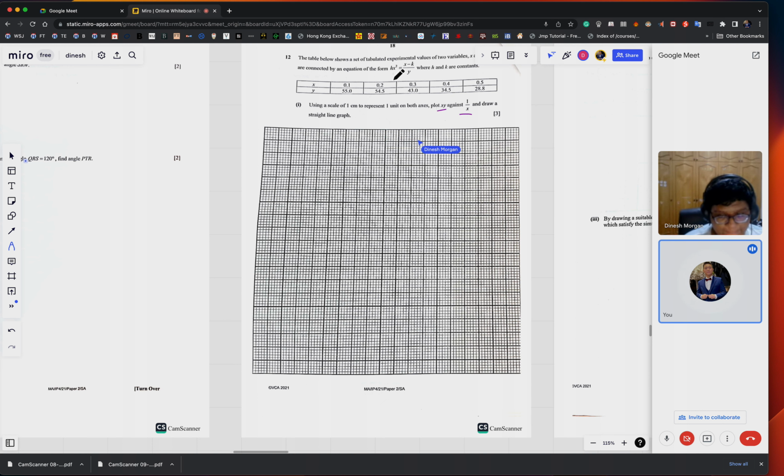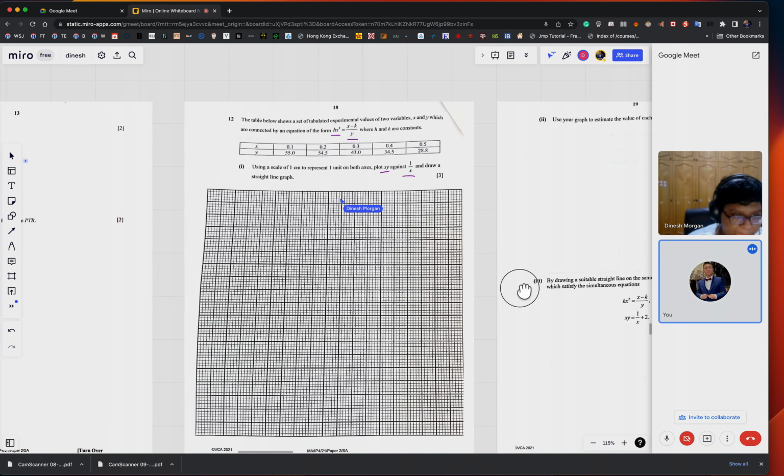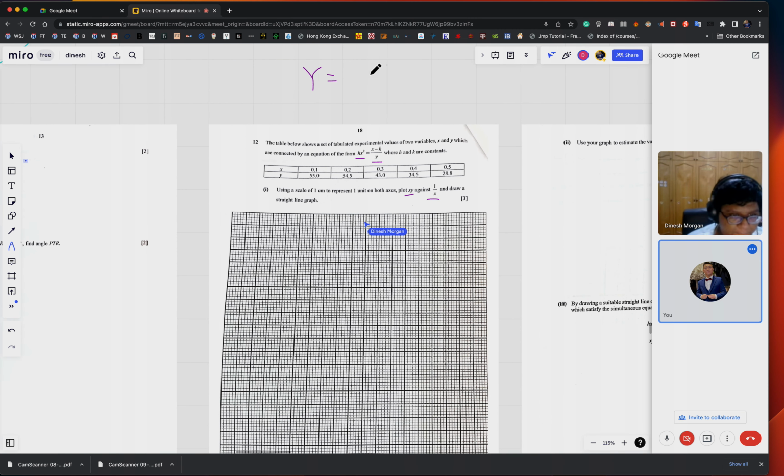So for this question, you need to plot what you are given. I think the concept is big Y equals M big X plus C. This big Y is your xy, this is your M, this is your 1 over x, and then plus C. You can see that you have hx squared, then it goes to x over y minus k over y.